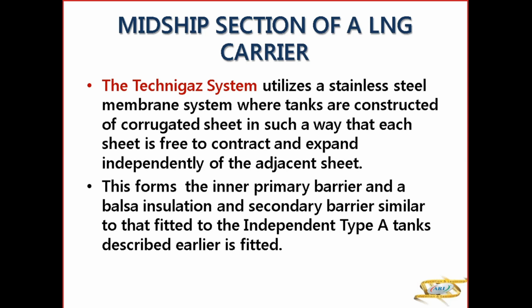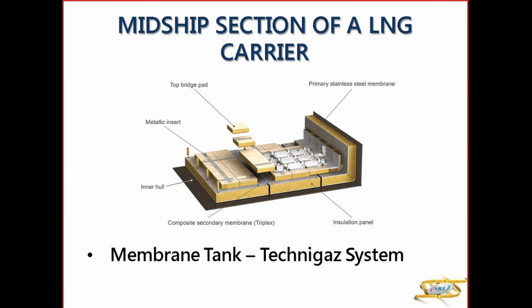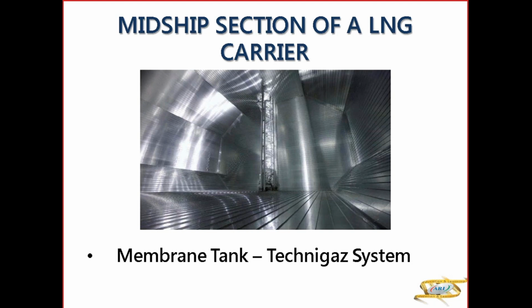Now, balsa is a light wood that gives insulation. And the secondary barrier, like your independent type A, where you had balsa wood again. So this is your membrane tank of Technigaz. You see the tank inside, that's all corrugated.